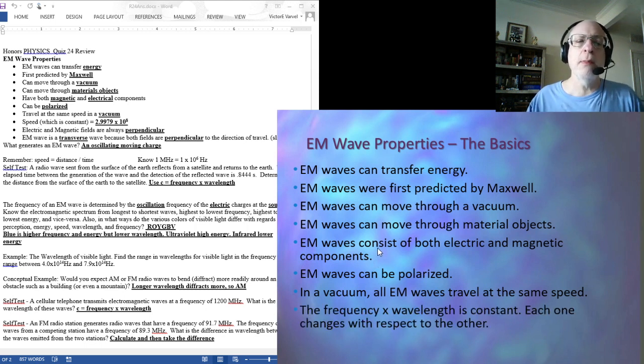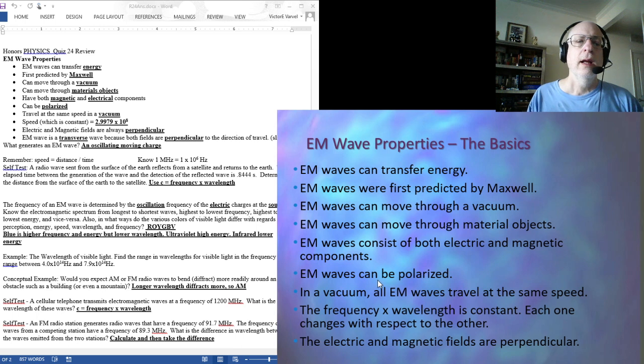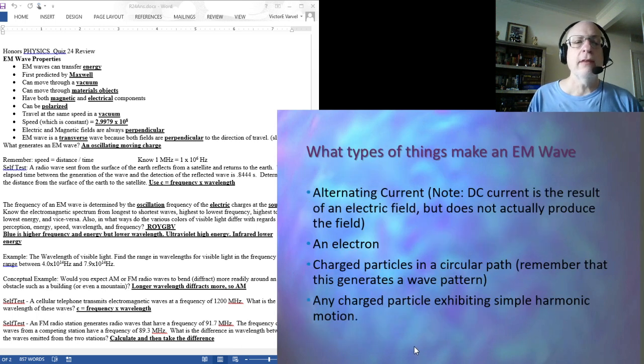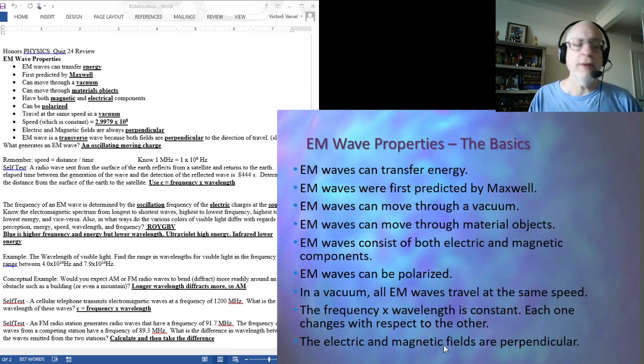And lastly, we remember that v, velocity, equals frequency times wavelength, and that is a constant for each light in a vacuum, because the speed is constant. If I change the frequency in a vacuum, the wavelength changes to balance that out. And then lastly, yep, the electric and magnetic fields are perpendicular.